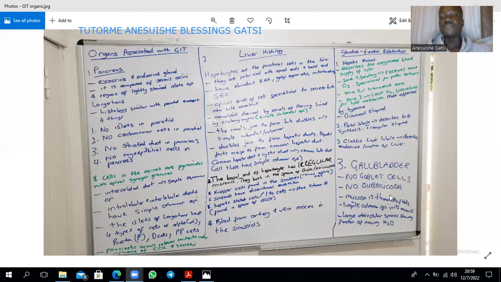You find deep diverticula of the mucosa in the gallbladder known as the Rokitansky-Aschoff sinuses, which I'm also going to show on the slides that I'm going to project for the gallbladder.